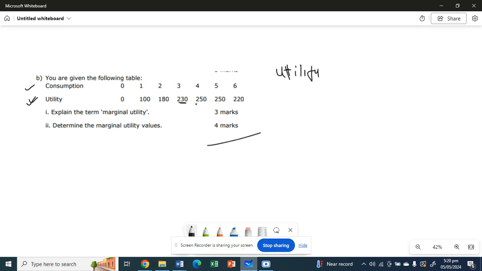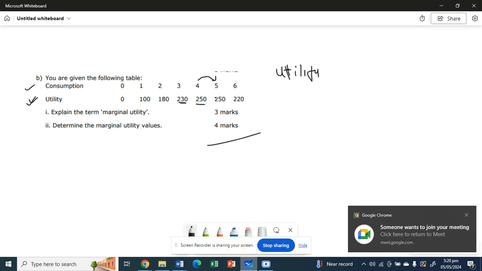Now, when we get the fourth unit of the good, our utility, which is our satisfaction, becomes 250. All right. Now notice, when we go to the fifth good, our satisfaction has stopped increasing. It has stayed stagnant.